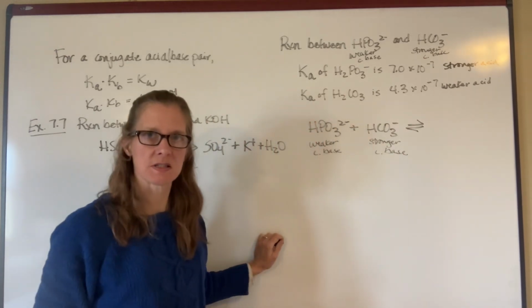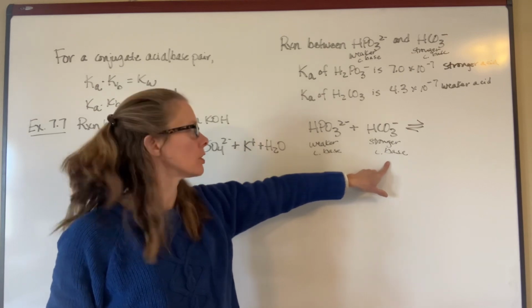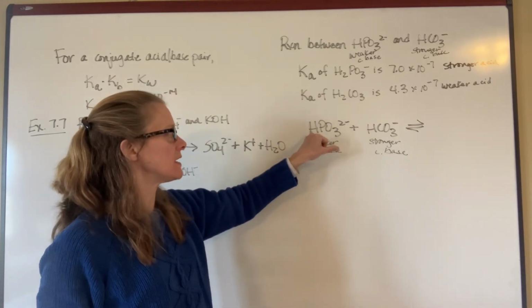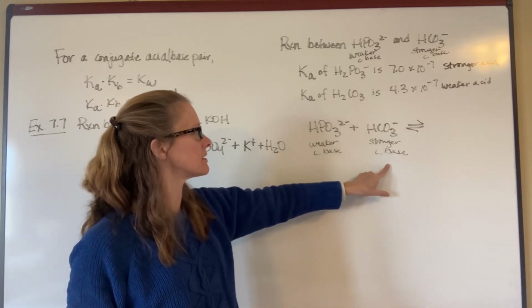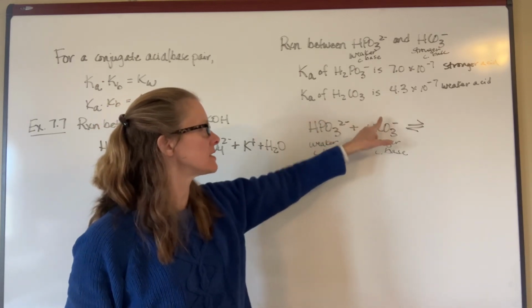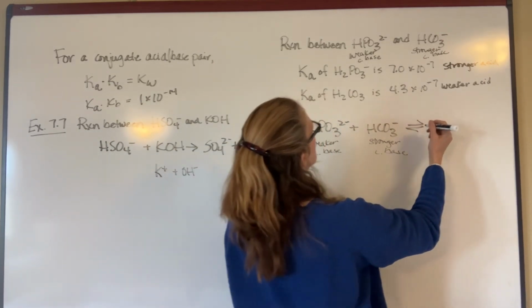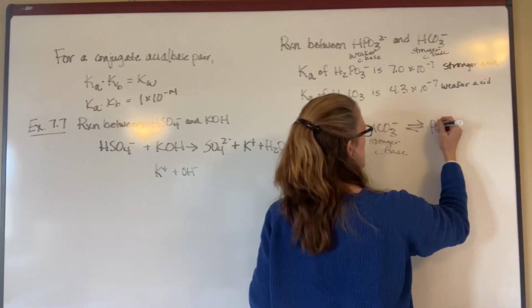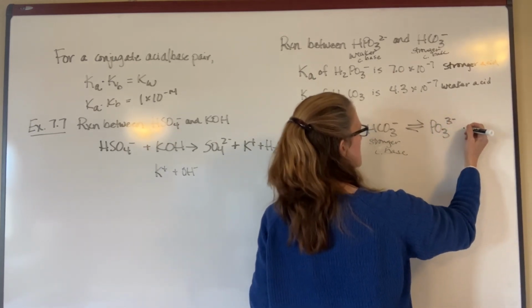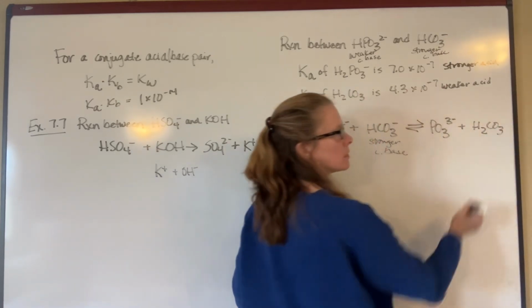So which one acts as the base? Yeah, this one does because this is stronger. So this is going to donate its hydrogen ion here. This is going to act as the acid, and this is going to act as the base. So this donates its hydrogen ion, and I will end up with PO3 3- plus H2CO3.